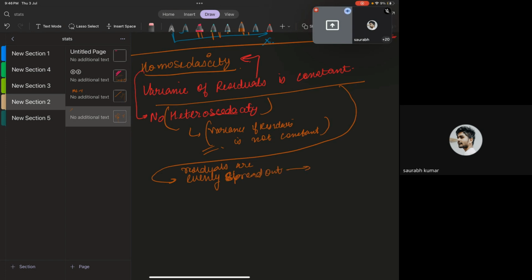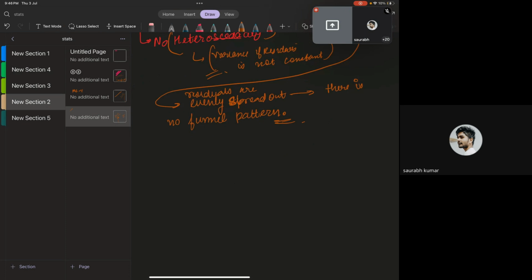Or when you plot a graph, I'll tell you which graph, there is no funnel pattern. Am I clear, everyone?